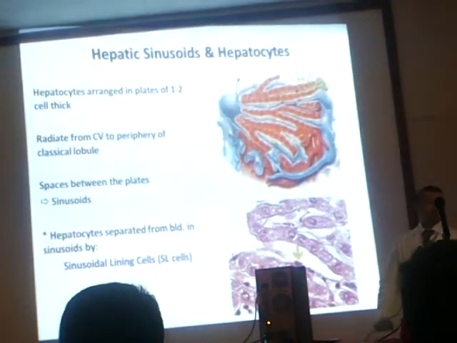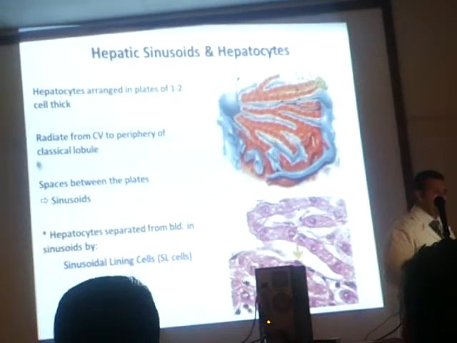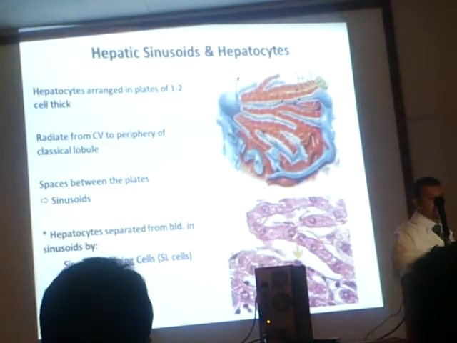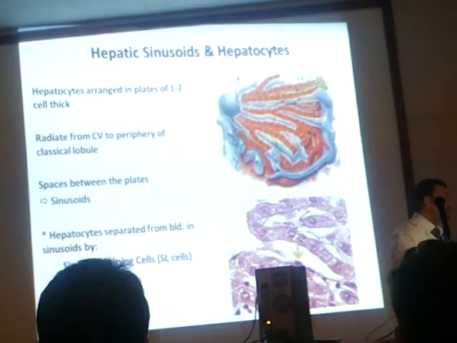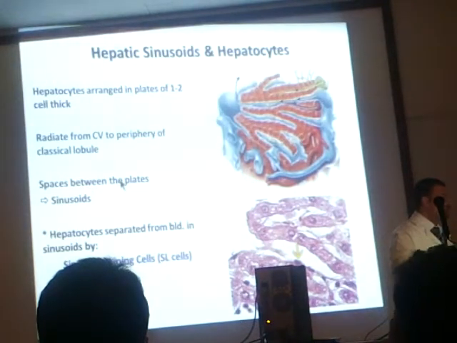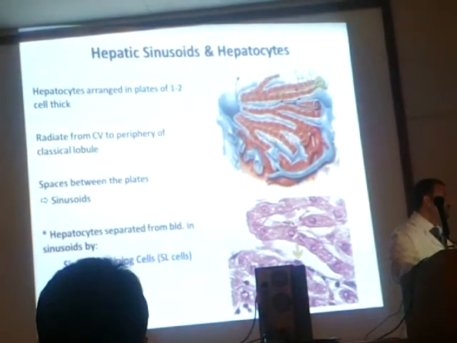Now, when we speak about the hepatic sinusoids and hepatocytes, the hepatocytes, as we told you, as you look here, they are arranged in what? In hepatic laminae. Those are arranged in plates and they radiate from the central vein area, as you see, into the portal triad or the periphery. Now, there are spaces between these plates, and those are the sinusoids.